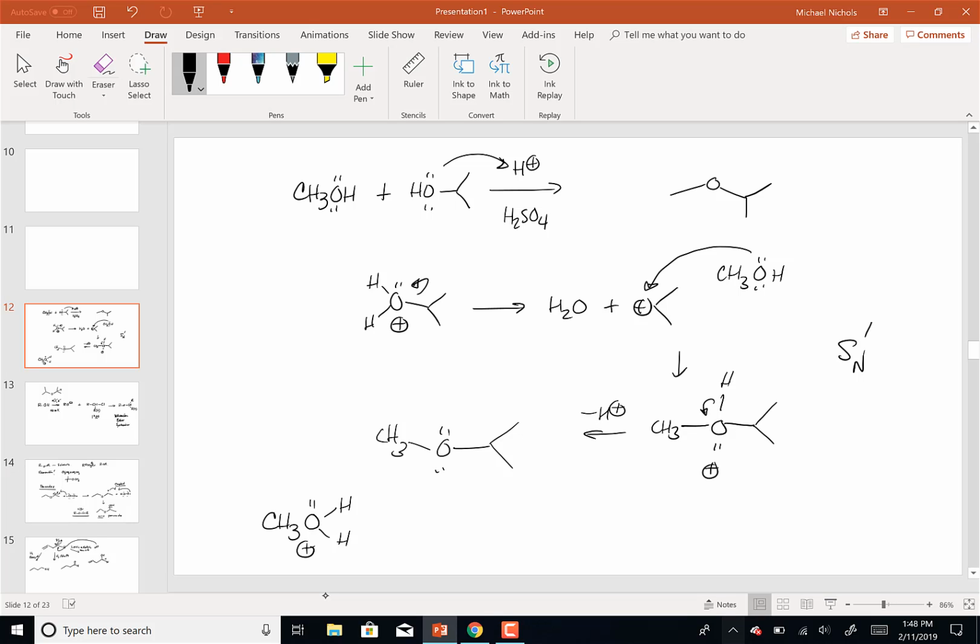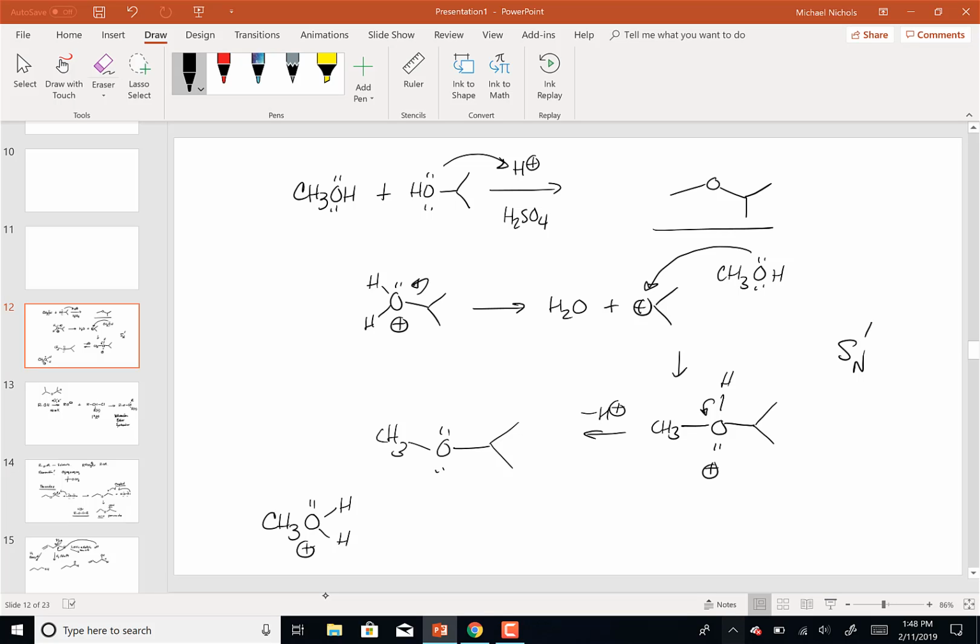So what would happen next? If I can't do SN1, I've got to do SN2. So what's my nucleophile going to be? Remember, my goal is to make this.